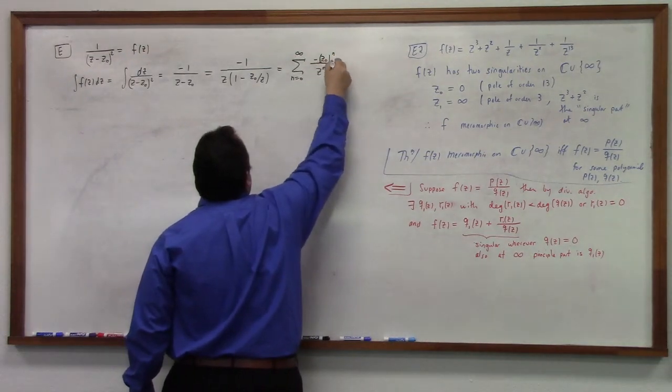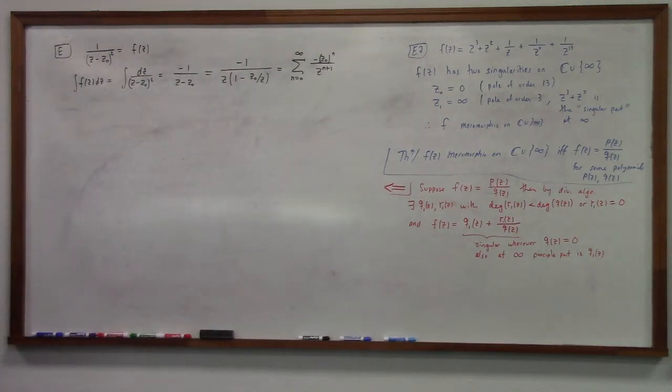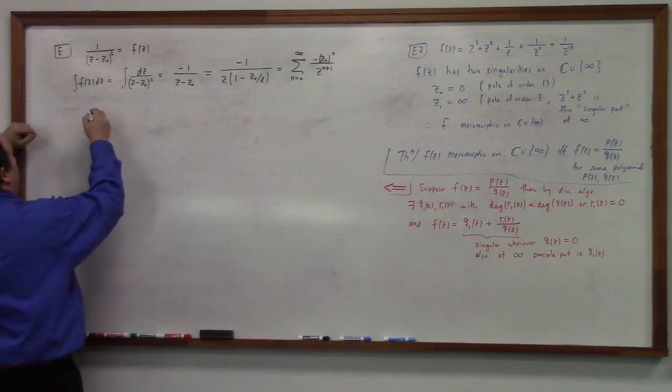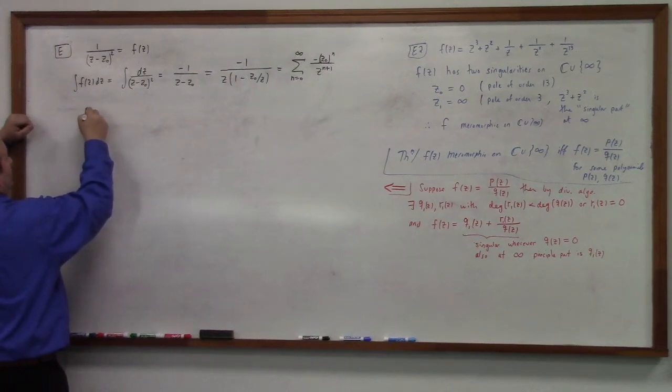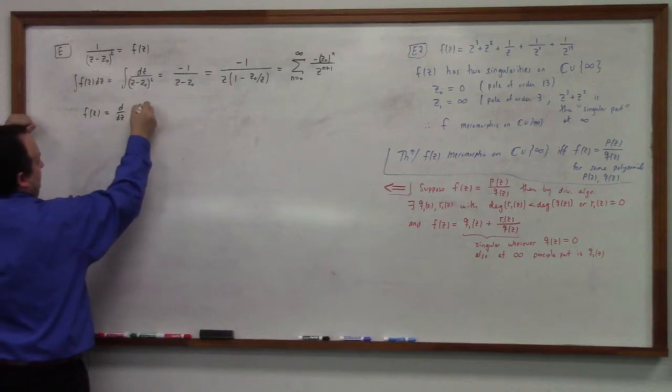Now this is not the series you're looking for, but it's close because if we differentiate this, we get back where we want. So f of z should be the derivative with respect to z of this.